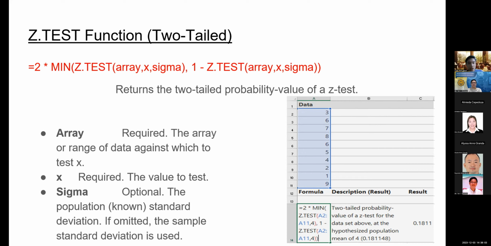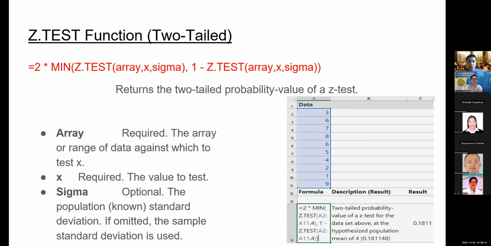It's just the same set of values as before, but this time we are testing for a two-tailed test. So the equation is modified to reflect that. In this data set, the two-tailed probability of the z-test is returned as 0.1811 for a specified population mean of 4.